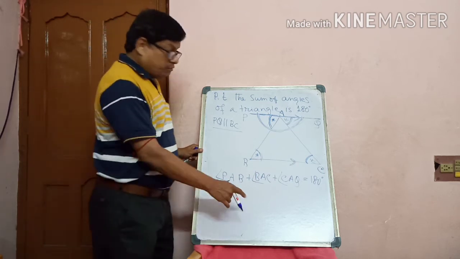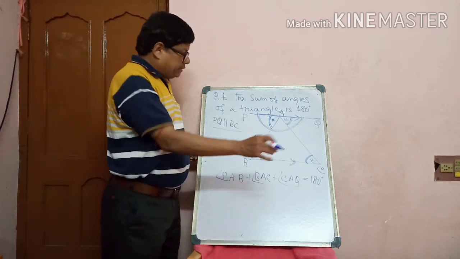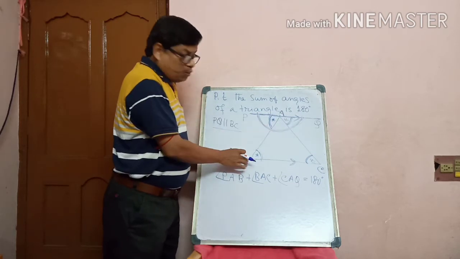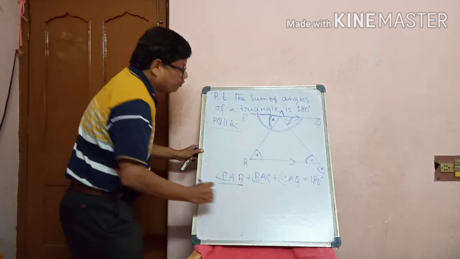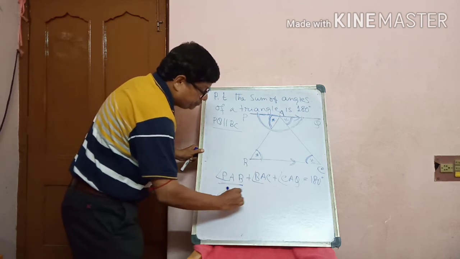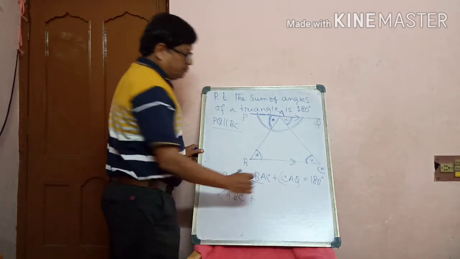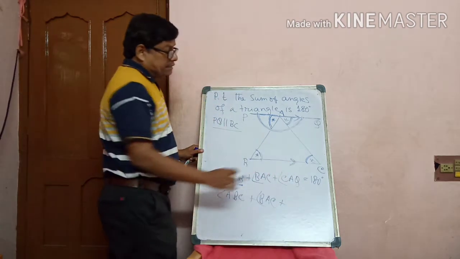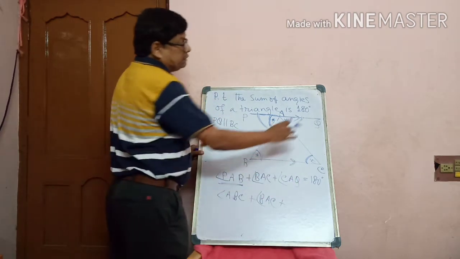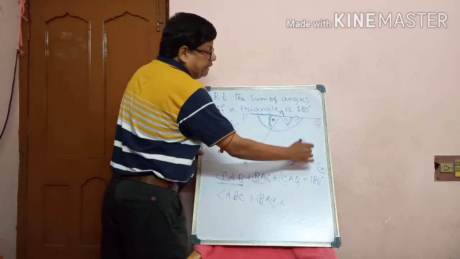Now, everybody look at your copy. See, PAB. We know, yes, ABC. So write this value. You put ABC plus BAC, no change, plus CAQ. We're getting ACB, right?